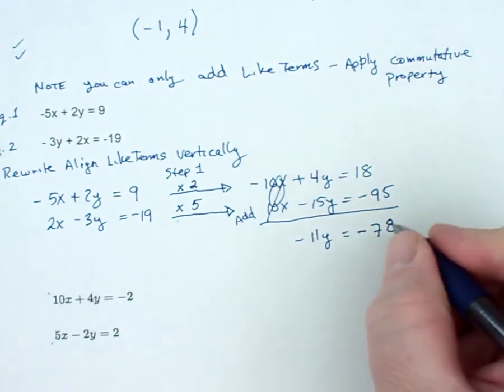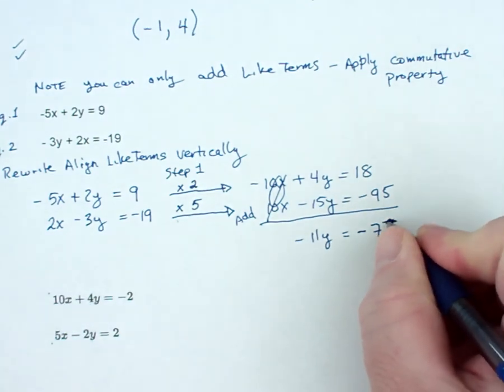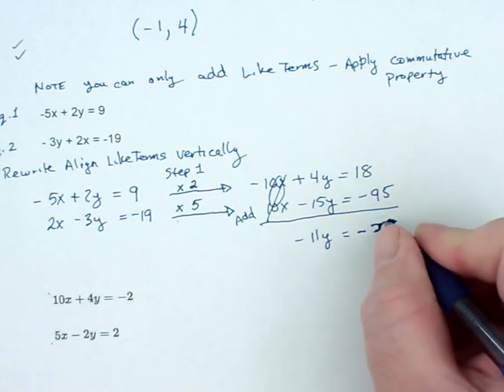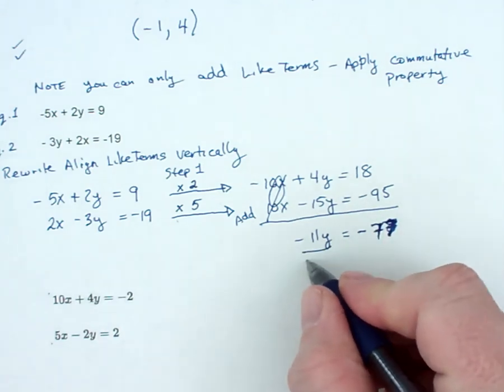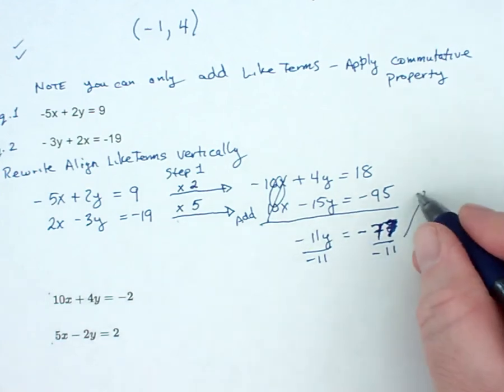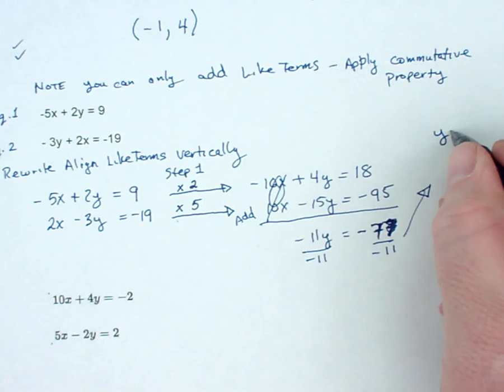Negative 77. I knew I was off by something. So I'm going to divide by negative 11, and I get y equals positive 7.